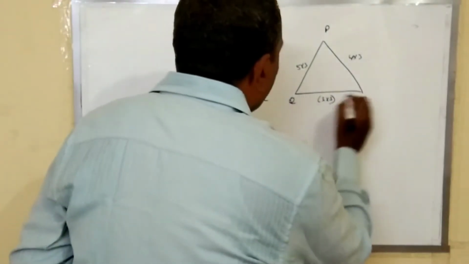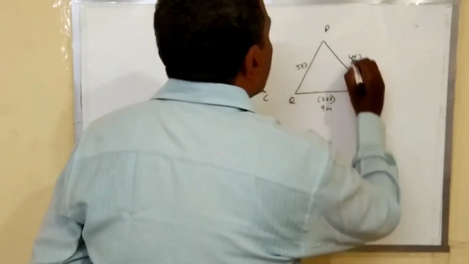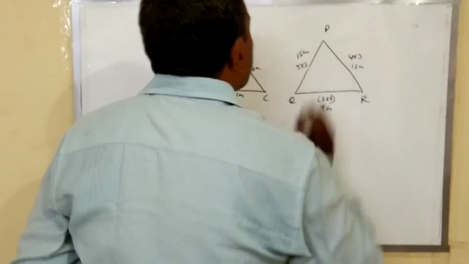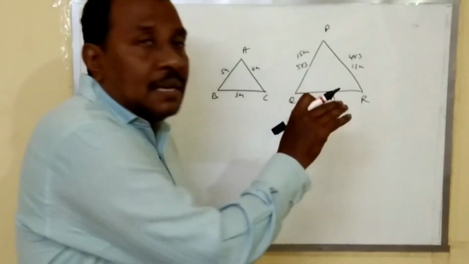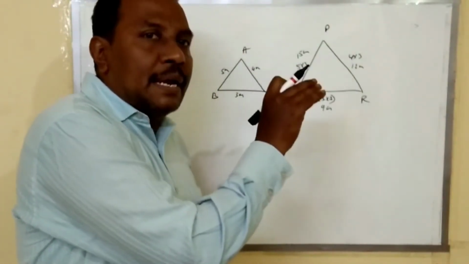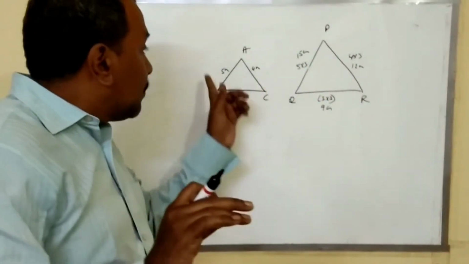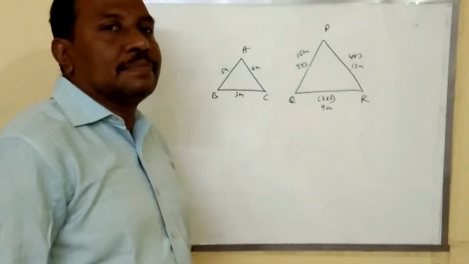So QR is 3 threes are 9 centimeters, 4 threes are 12 centimeters, 5 threes are 15 centimeters. That means the measures of the other triangle are obtained by taking a constant and multiplying it with all the measures of the original triangle.